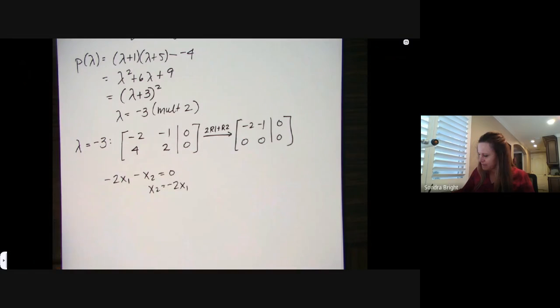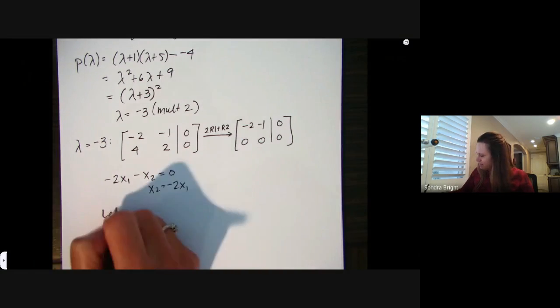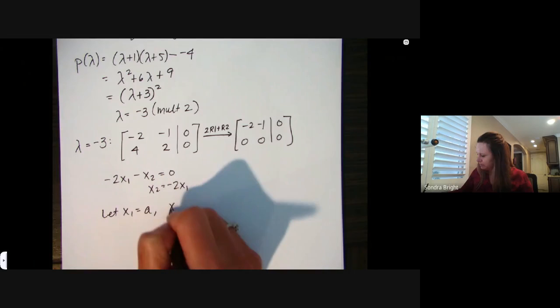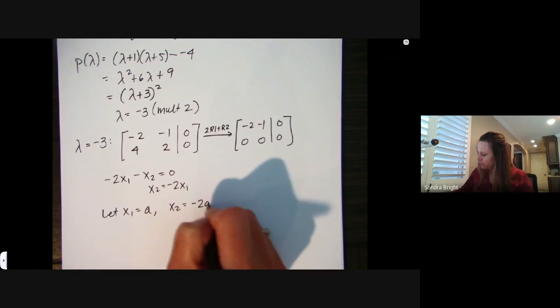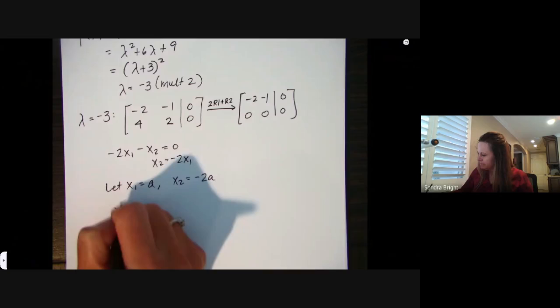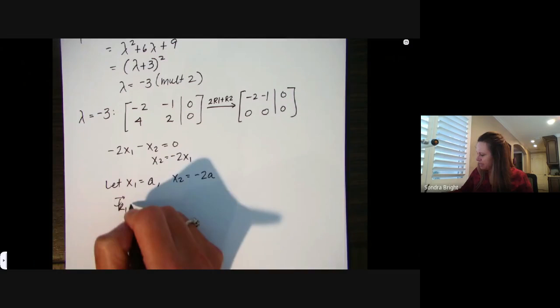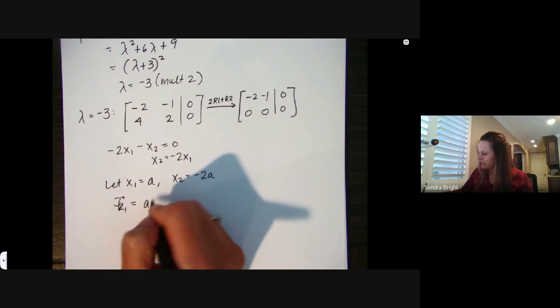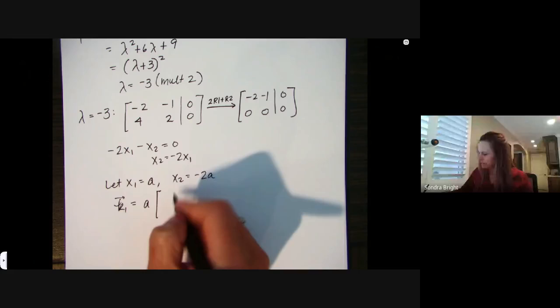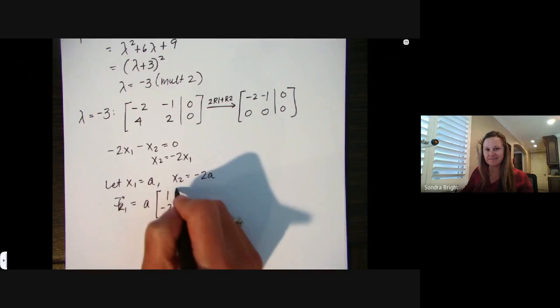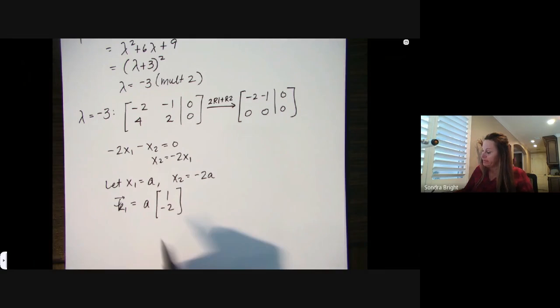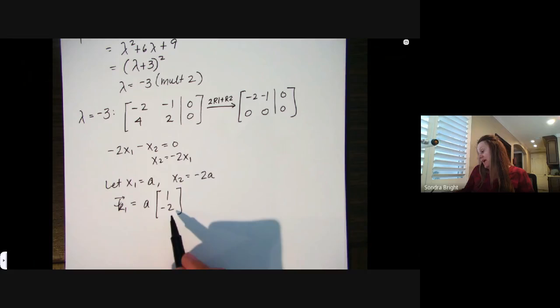So if I let x1 equal a, then x2 will equal negative 2a, which means that my eigenvector is, I'm going to go ahead and just factor out the a right away, 1, negative 2. Now, we only have one linearly independent eigenvector, but this guy had a multiplicity of 2.